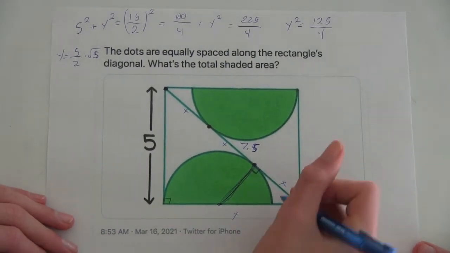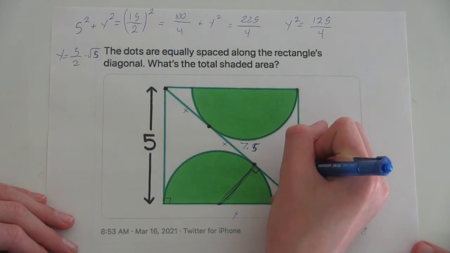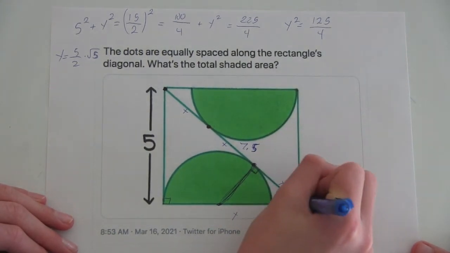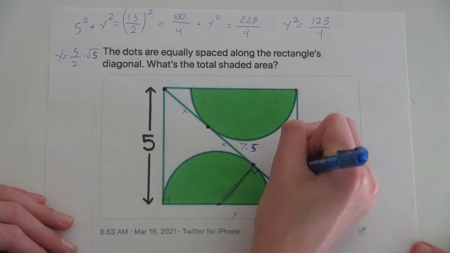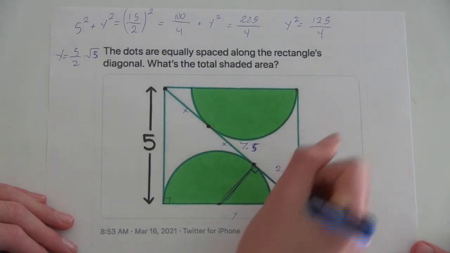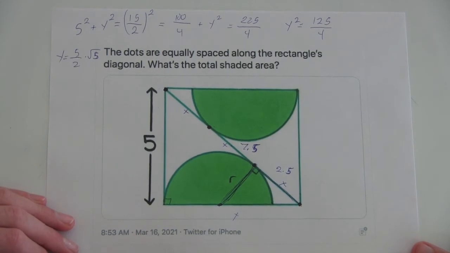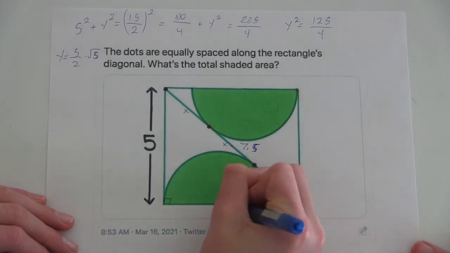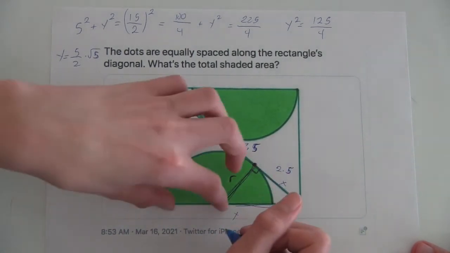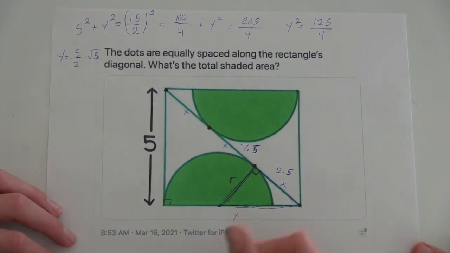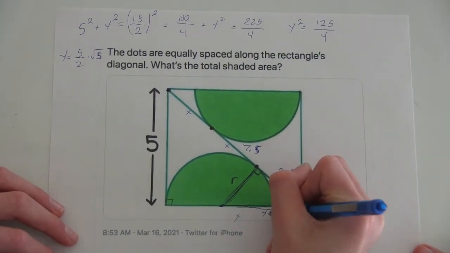So we have this length is 2.5, this x segment. This length is the radius, r, and then this length is y minus the radius. So y minus r.